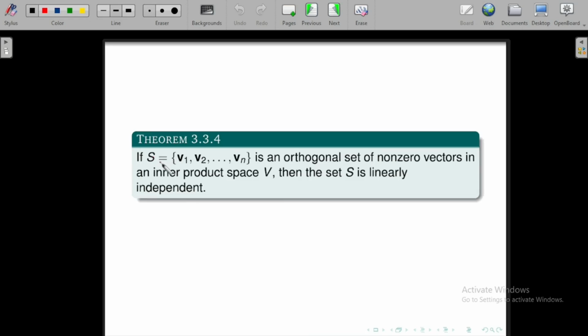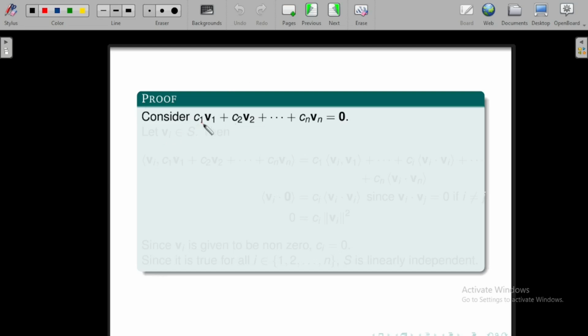Here we assume that S equals the set v1, v2, etc., vn is an orthogonal set of non-zero vectors. We have to show that the set is linearly independent. How can we show that a set is linearly independent? We will consider the linear equation C1 V1 plus C2 V2 plus etc. plus Cn Vn equal to 0, and we will show that all the coefficients C1, C2, etc., Cn are zeros.